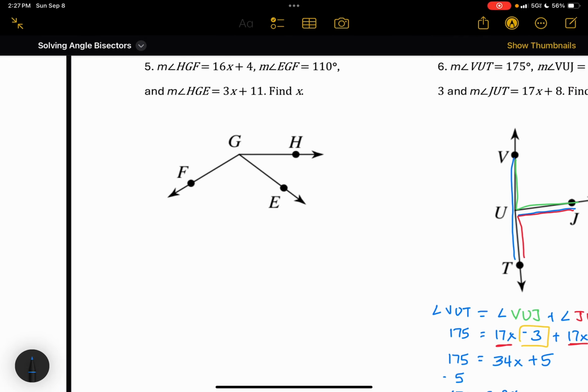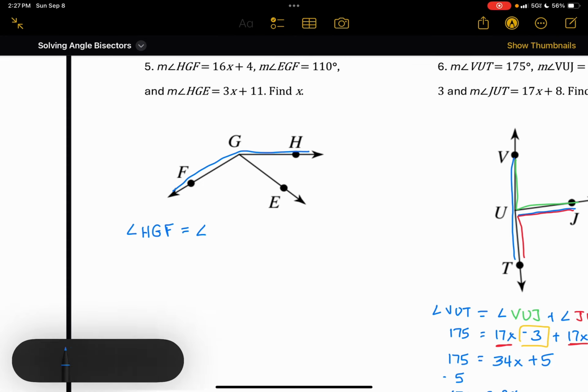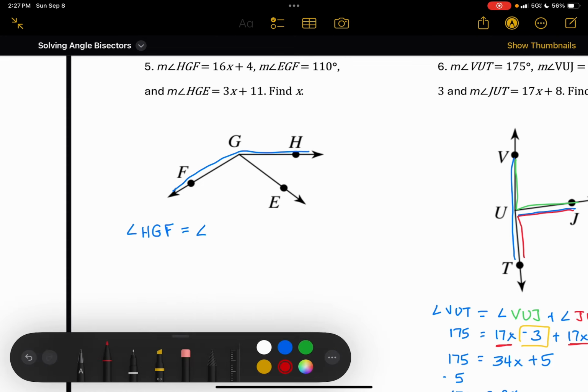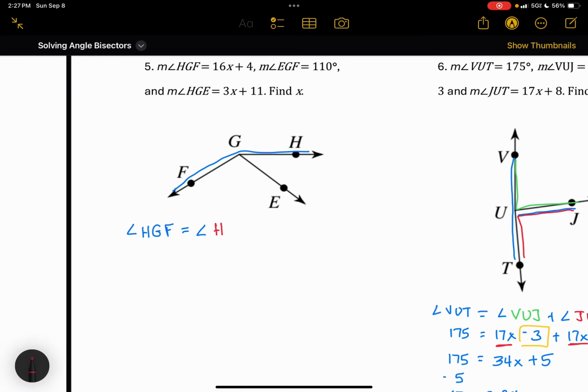So I have angle HGF, so that's this angle, that big angle, right, is equal to angle HGE, so that's this angle right here.